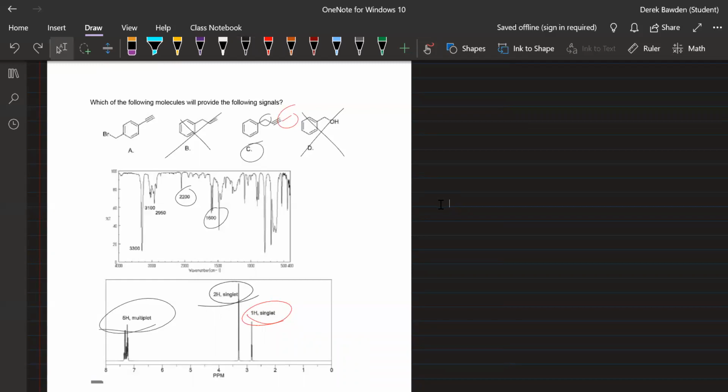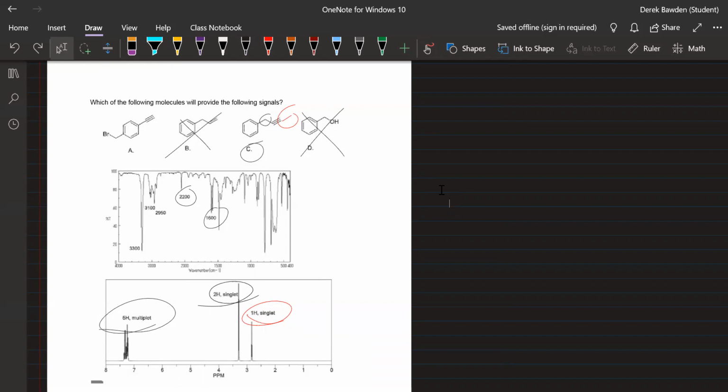Oh no, don't worry. So if it was A, would there be a signal for the bromine somewhere? Not on these two graphs. The only way you know there's a bromine for sure is on a mass spec, where you would see the signals with the 1-to-1 ratio on the mass. You remember what I'm talking about with that? Yeah.